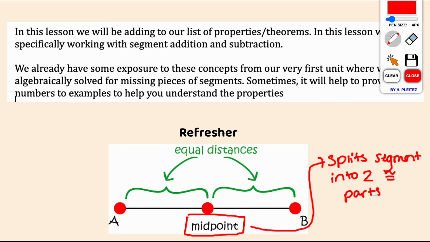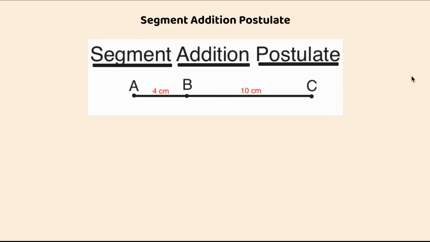Now from that, I would be able to conclude that this distance, let's call the midpoint M, we would be able to conclude that AM is congruent to MB. So just be on the lookout because we are going to be using that in our lesson at some point today.